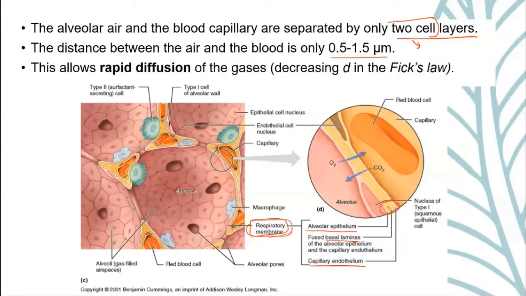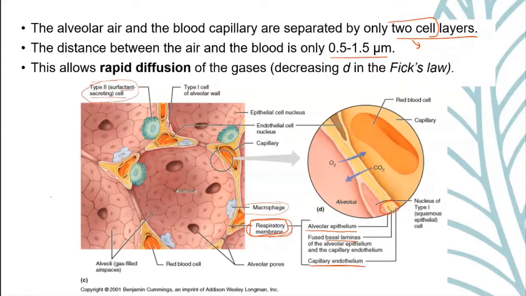If you look at this diagram, in the alveolus, for the immune system to defend against infection by pathogens that try to enter the lung, there is the presence of macrophages. And then there's a type 2 cell, which is a surfactant secreting cell. What is that? Because your alveolus is an air sac, one cell thick, and it has a film of moisture.